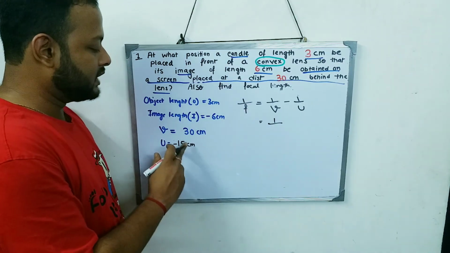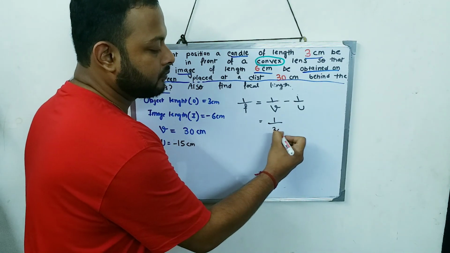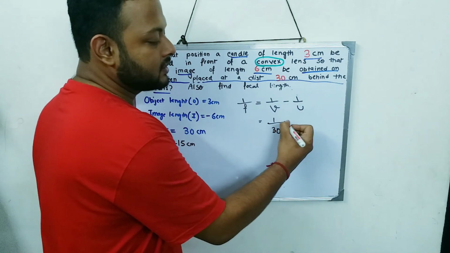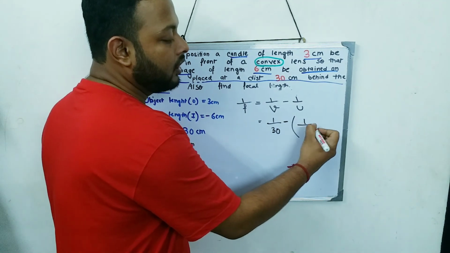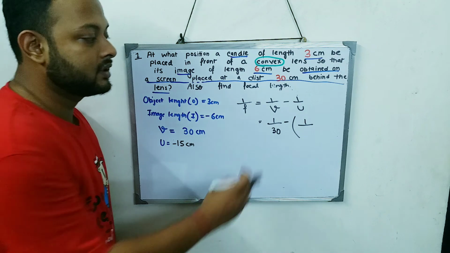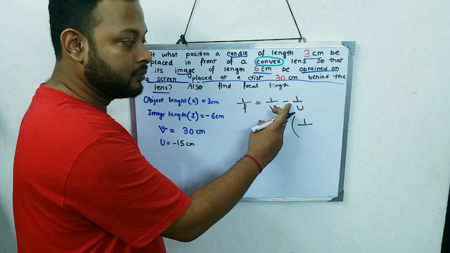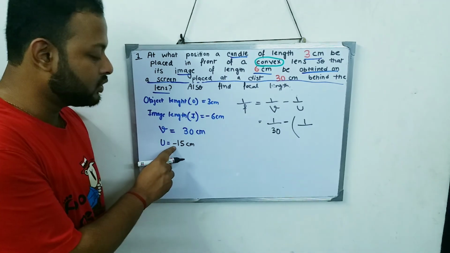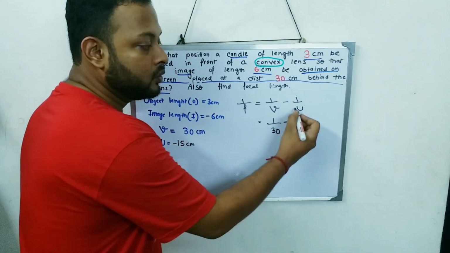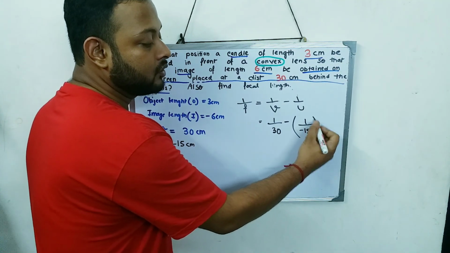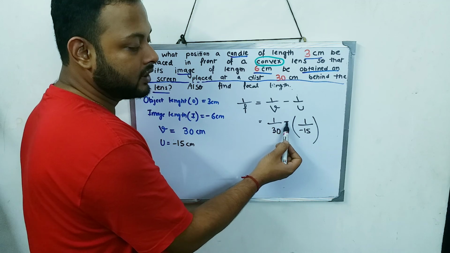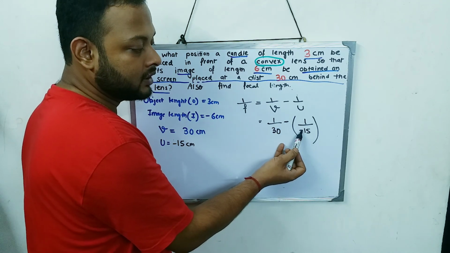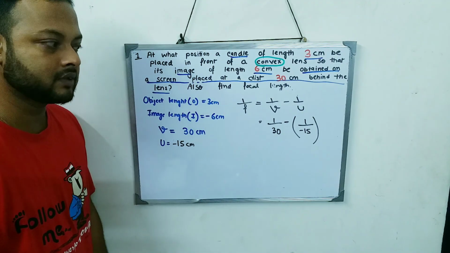1 by v is how much? 30. Then this minus is there. Make sure, see, this is a different minus sign. This minus sign belongs to the formula. But u is also minus 15, so I'll put u as minus 15. So I have to put 2 minus. This minus is for the formula, and this minus stands for the value of u, which is minus 15.